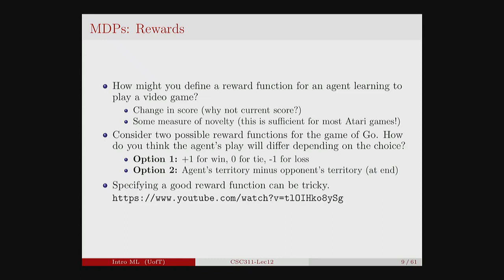And in general, the design of reward functions is a really important area of research. So if you remember from the ethics module, we talked about this idea of aligning large language models with RLHF. And you can think of all of these issues playing out even within that context, which is how do you design a good reward function? In the context of LLMs, you have humans saying this is good and this is bad.